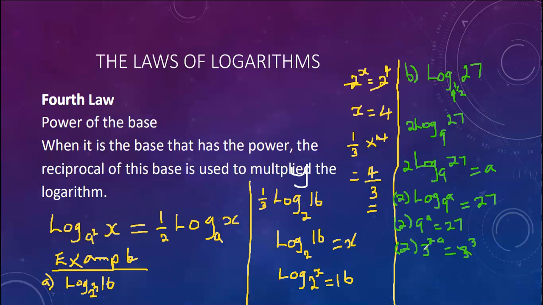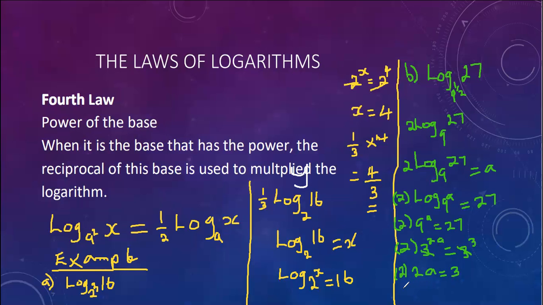So these 3 cancel, and we're left with 2A equal to 3. So our A should be 3 over 2.